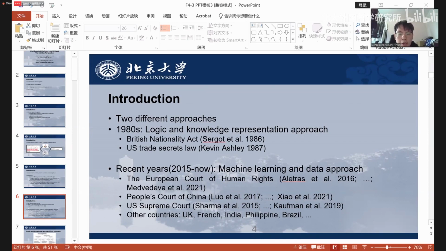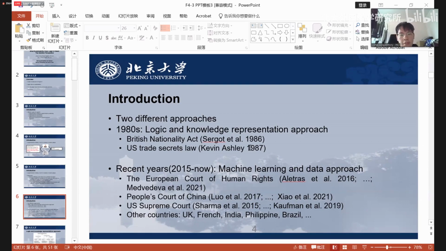We can see some research work that transformed the British Nationality Act and U.S. Trade Secrets Law into a formalized expression that the computer can understand and process.